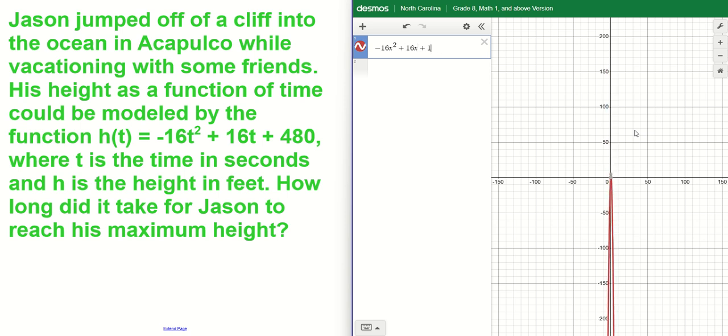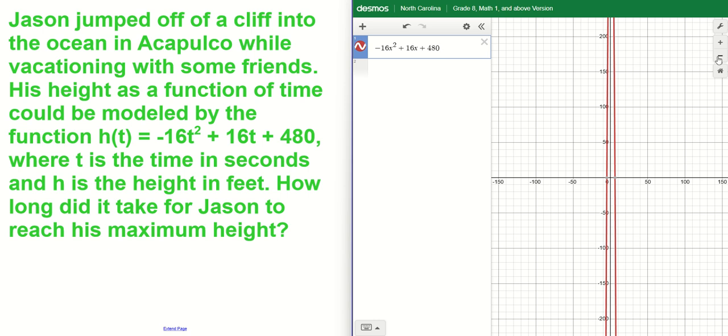All right, so who thinks they can give me the answer? How long does it take him to reach his maximum height? 0.5. He reaches his maximum height in half a second. So again, we got a C value of 480.